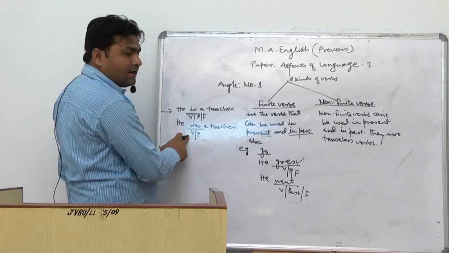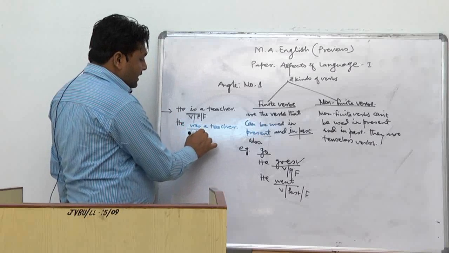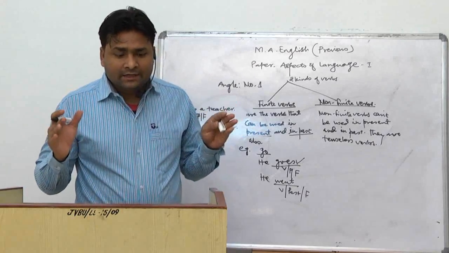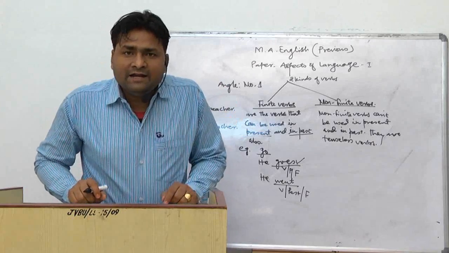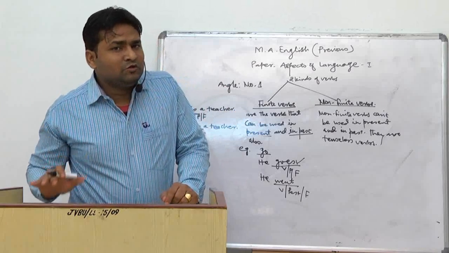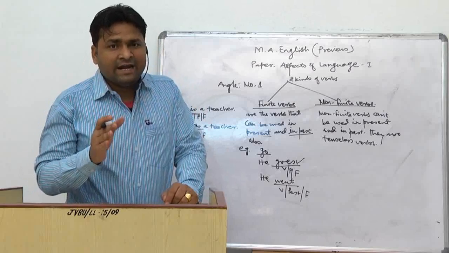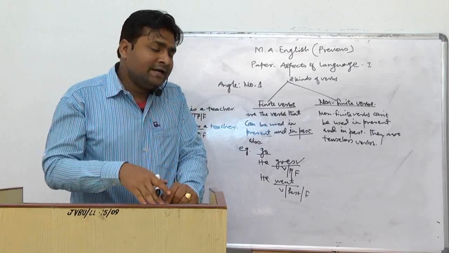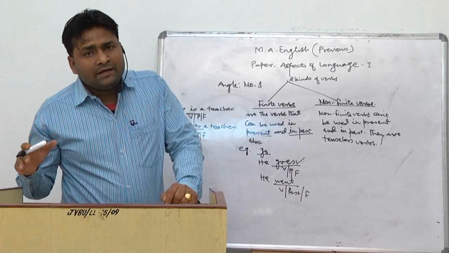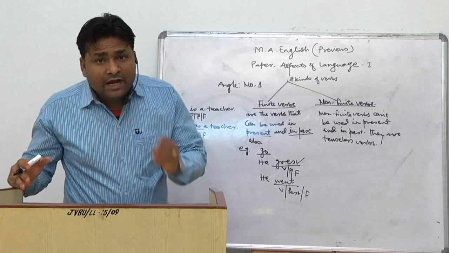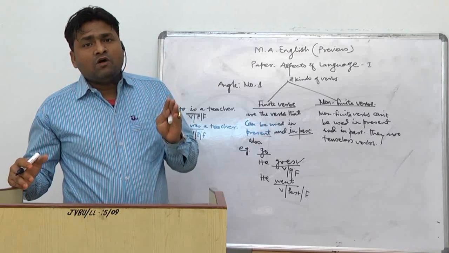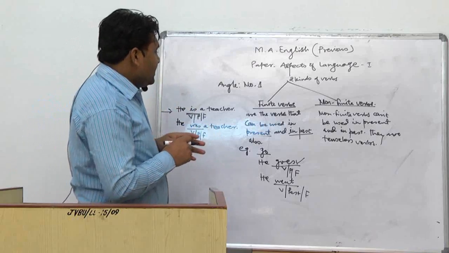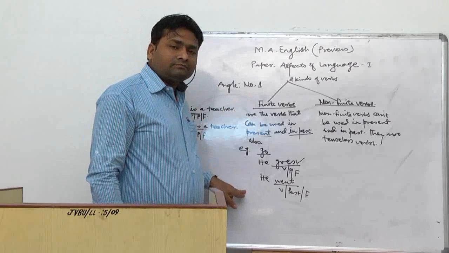That is why this is a verb, past verb and finite verb also at the same time. Now I think the concept of finite verb will be very clear to your minds. What is a finite verb? It is a verb that can be used in present and at the same time it can be used in past. It means that the tense of a verb can be changed very easily. That is why it is called a finite verb.